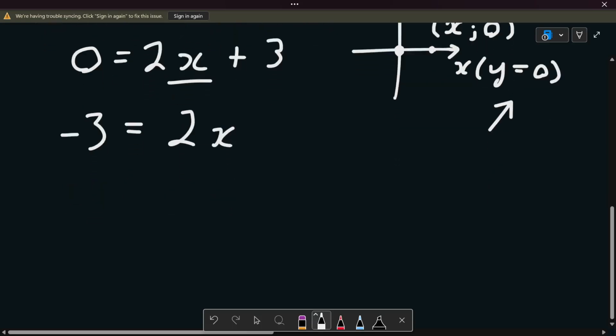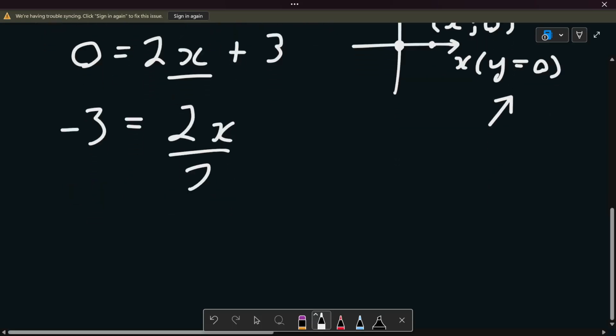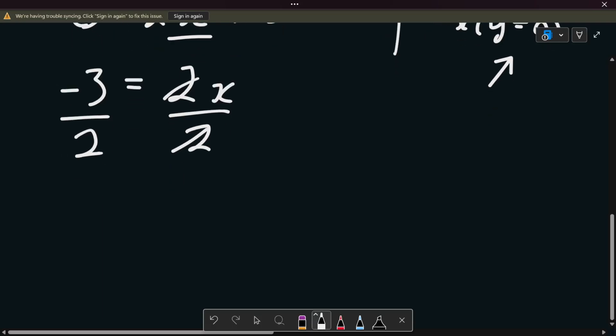Therefore, we can just divide both sides by positive 2, so that we can cancel these out and have x on its own. And therefore we're going to have x is equal to negative 3 over 2.